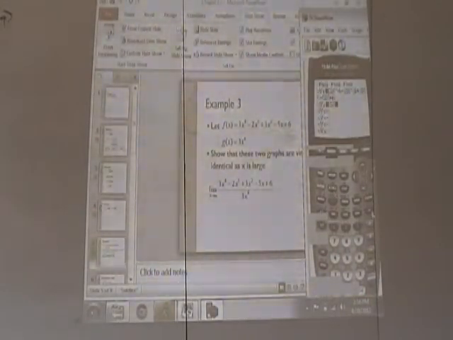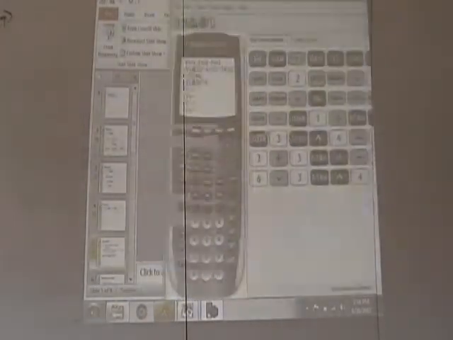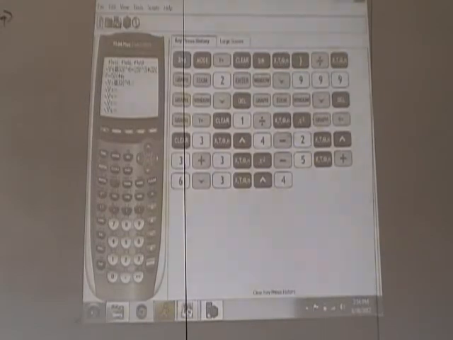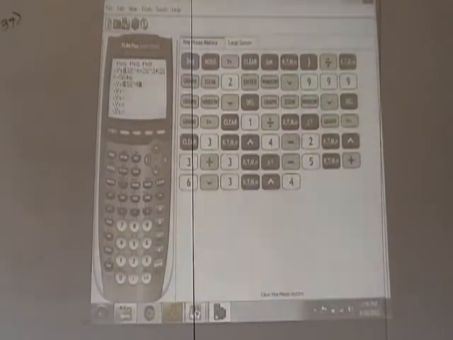Alright, so when it says as x is large, what do you think that means? How large is large? Infinity. Right? Infinity. As x is approaching infinity.